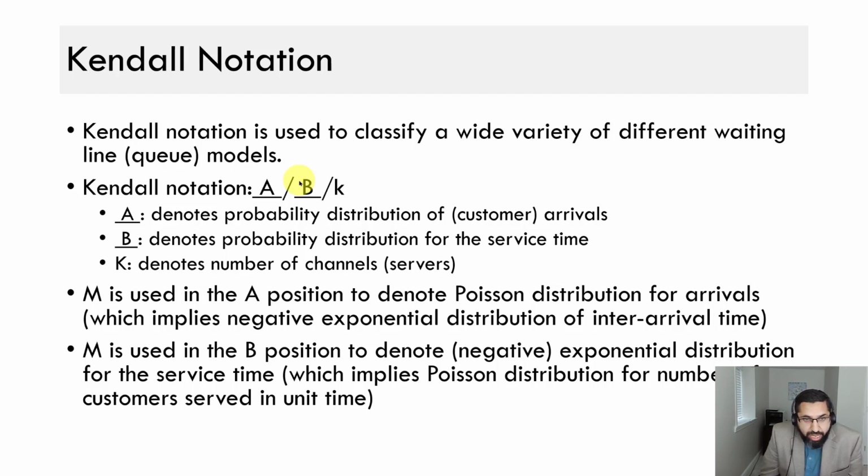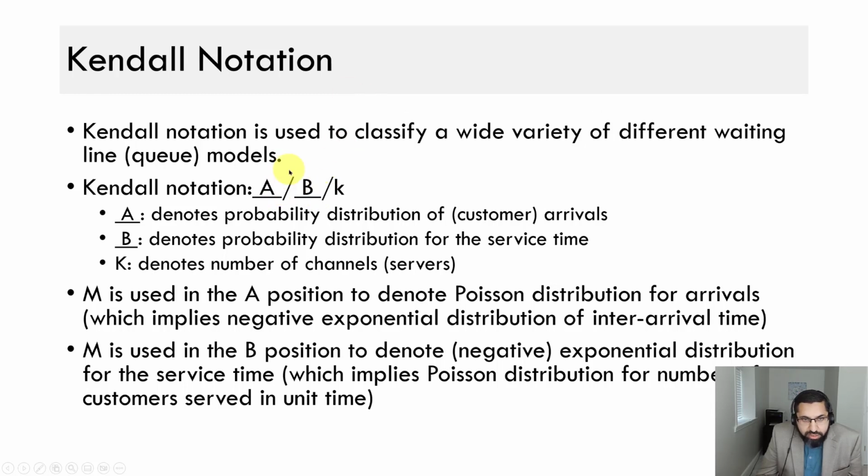We're also going to use M in the second place because we are, for the most part, going to assume negative exponential distribution of service times. However, we will do one case where the second letter will be D, which means deterministic, or a fixed service time. So the system will be MMK, MM1, MMK, MD1, like that.